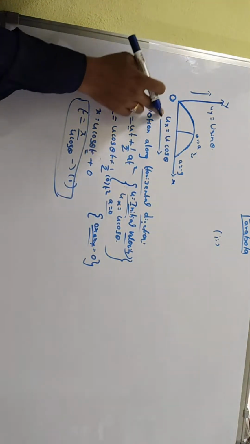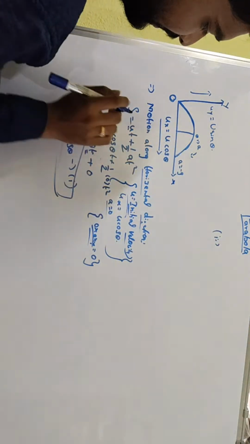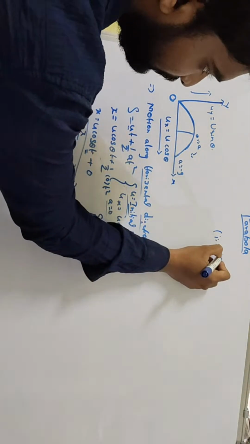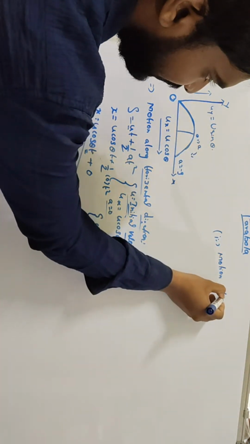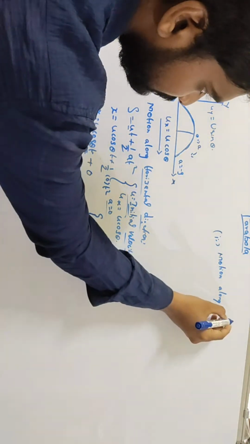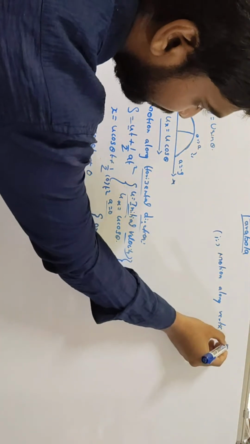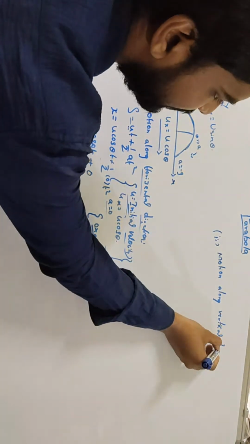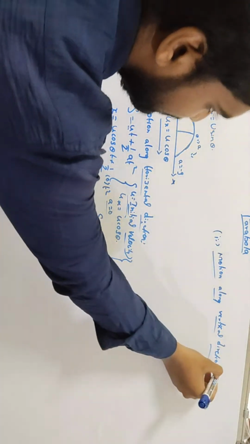First of all we found the horizontal direction, and next, in the second case, we are going to find the motion along the vertical direction. Motion along vertical direction.